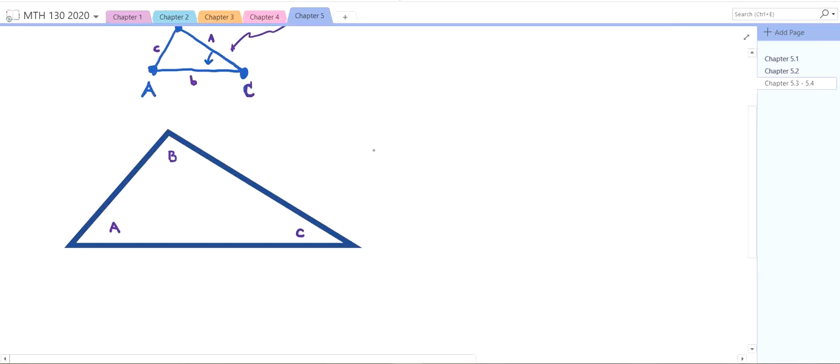Whenever you have a triangle where angle A, angle B, and angle C are all less than 90 degrees, we call that an acute triangle. The sides can be any length, and these angles can be any angle so long as they're less than 90 degrees.